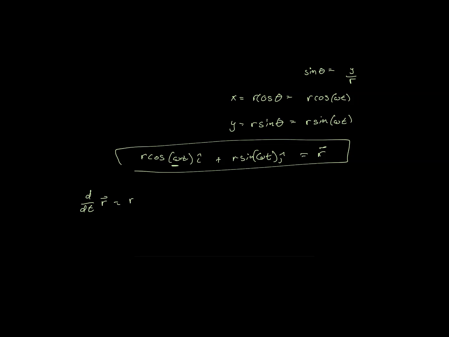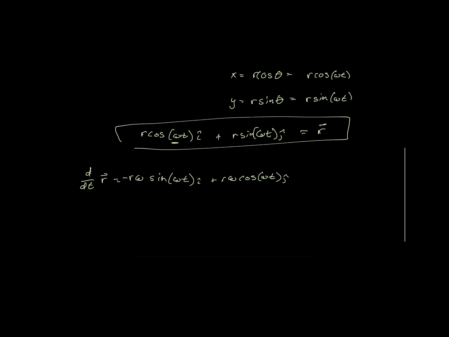So this is minus r omega sine omega t i hat plus r omega cosine omega t j hat.